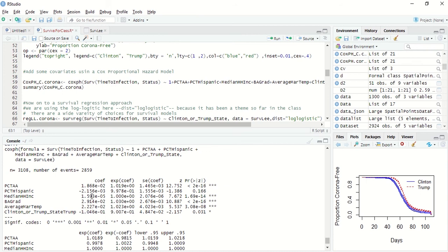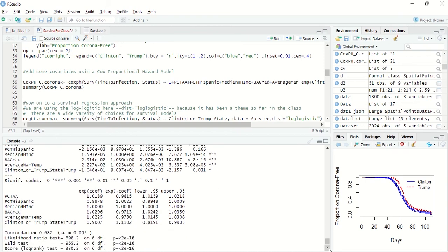So all of these things led to later hazards than earlier hazards, later incidents than earlier incidents, except Clinton being an earlier incident and percent Hispanic being earlier incidents. The percent Hispanic is not significant, and the rest are. And down here, we still get the Clinton or Trump state being slightly negative.